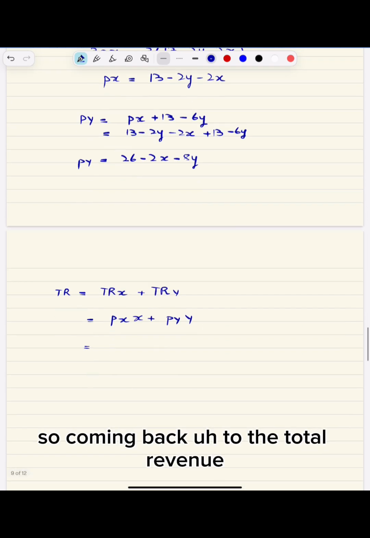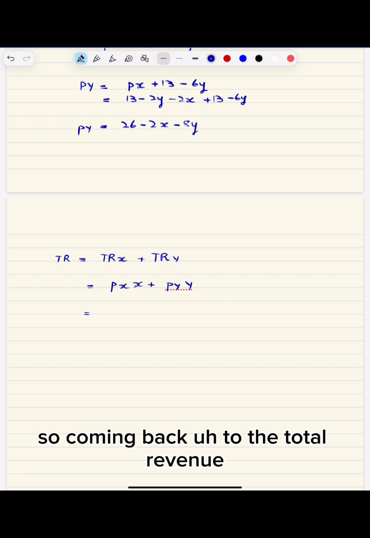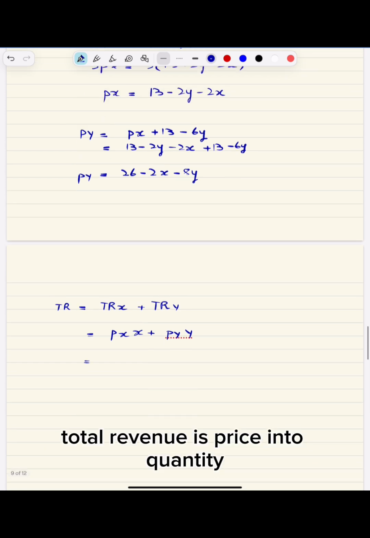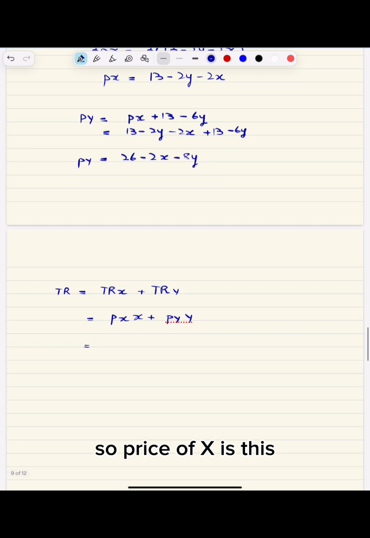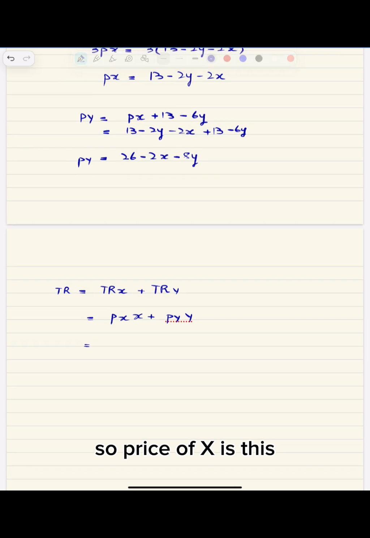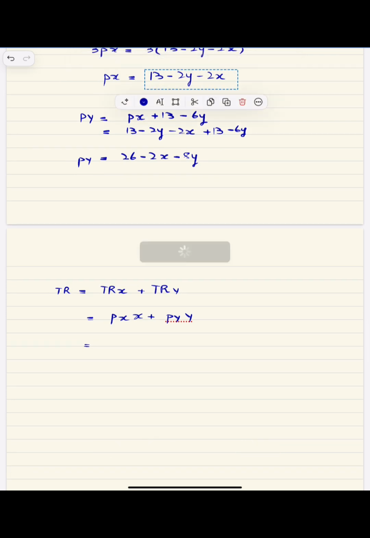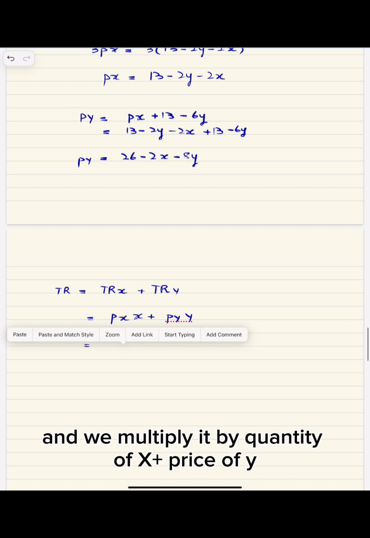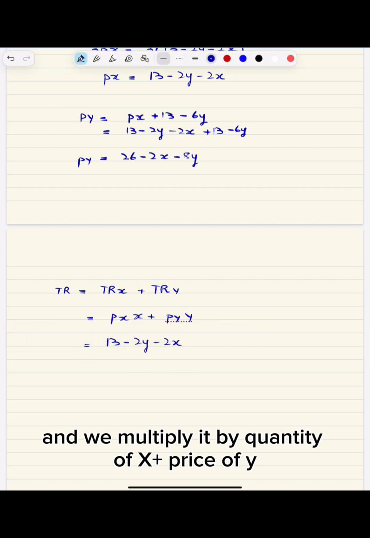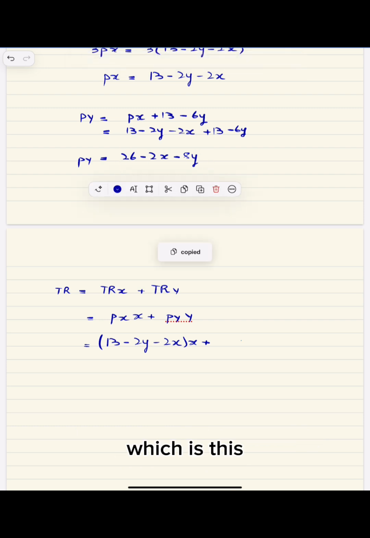Okay, so coming back to the total revenue is price into quantity. So price of x is this, and we multiply it by quantity of x plus price of y, which is this.